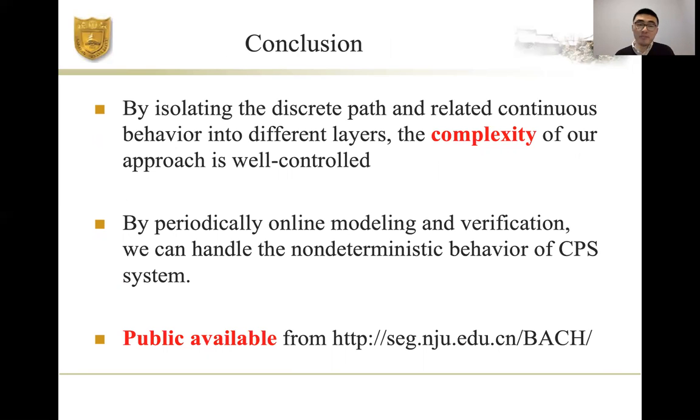And by periodic online modeling and verification, we can handle the non-deterministic behavior of CPS systems easily. It's efficient, so we can keep the system safe because we can finish the verification in milliseconds. All of these are implemented in one tool, and the tool is publicly available.